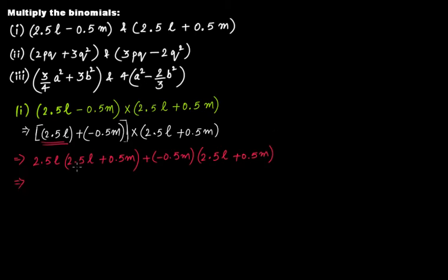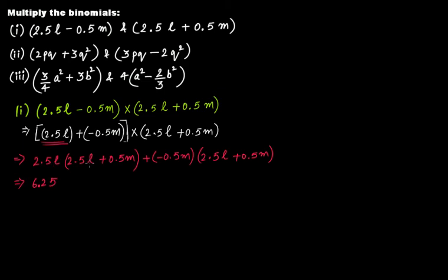Now 2.5 multiplied by 2.5. So 25 multiplied by 25 is what? 625. And you have two decimals, one digit after the decimal here and one digit after the decimal here, so you will place the decimal here. So 6.25.